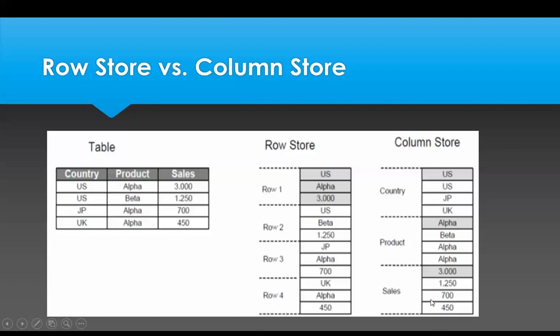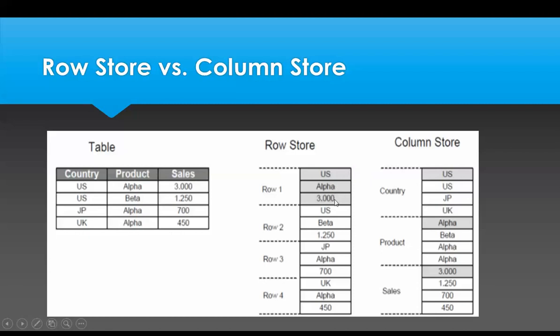Use of column store helps to prevent the table scan of unnecessary columns while performing searching and aggregation operations on single column values stored in contiguous memory locations. Suppose you have a query which works only on the country column. In that case, column store is faster because all the country names are stored in contiguous memory locations, so it will work faster.